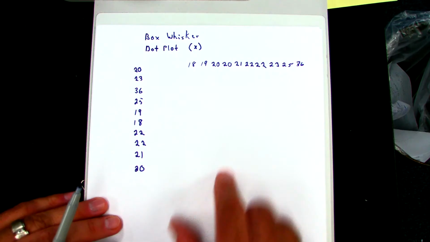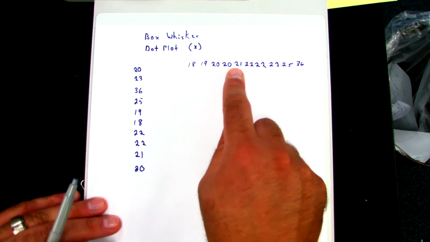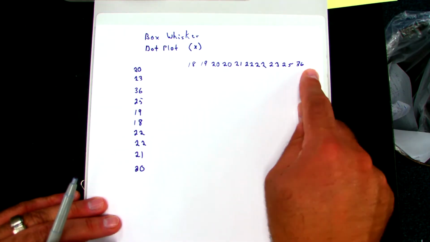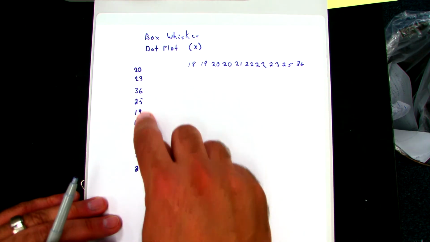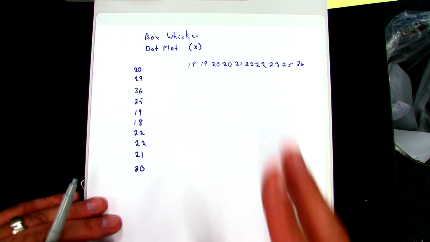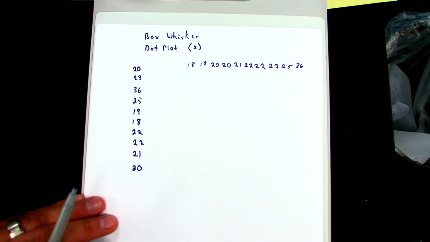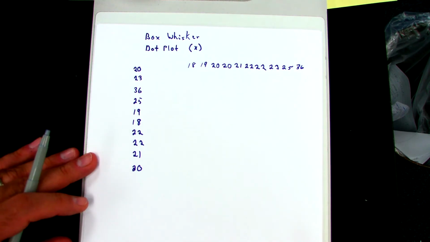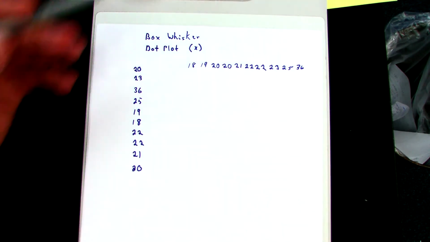And then I want to double check. 1, 2, 3, 4, 5, 6, 7, 8, 9, 10. Because if I start out missing numbers, then as I keep going, I'm going to have a problem. So I've listed my numbers.